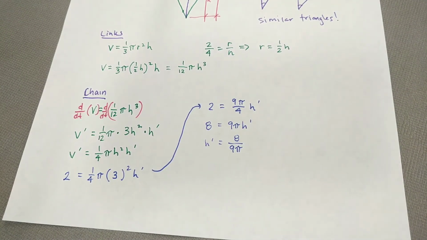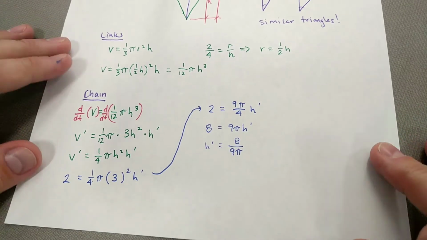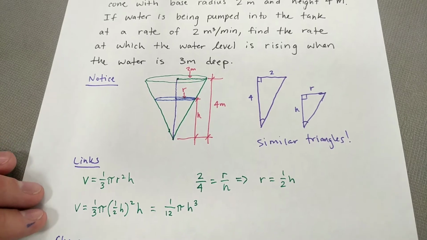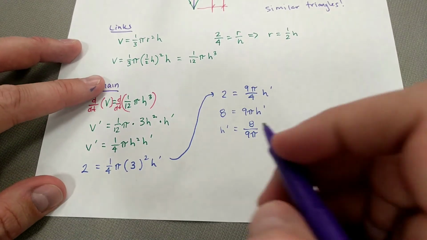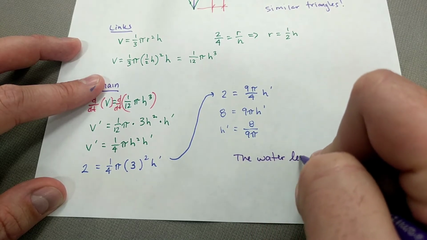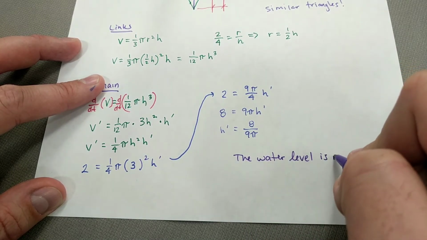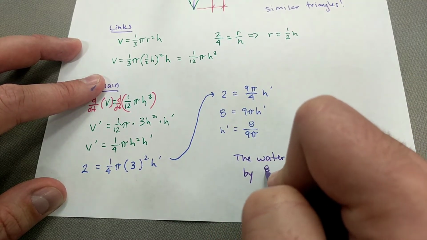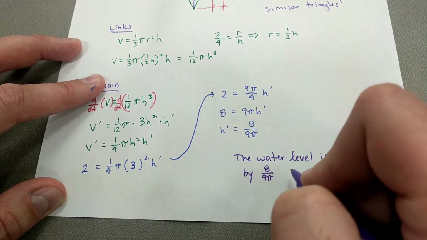All right, and so now let's answer the question in the problem here. So find the rate at which the water level is rising. So the water level is rising by 8 over 9 pi.